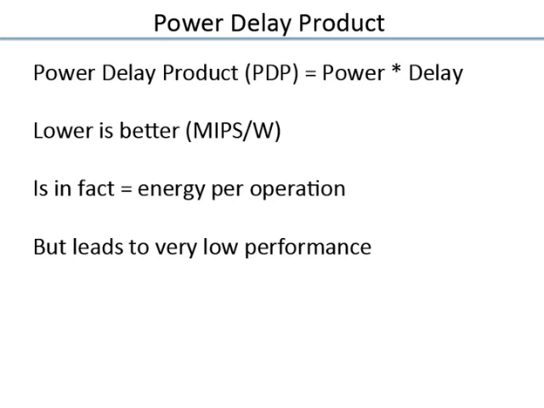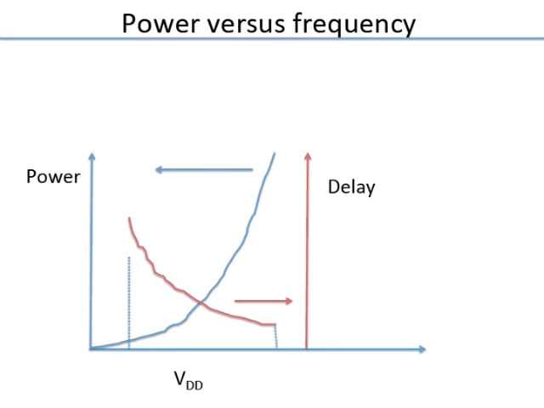When you look at the sub-threshold regime of operation, it turns out that the power delay product will become very low. The energy per operation becomes very low when you go to the sub-threshold region of operation. There the speeds will be very slow, kilohertz.